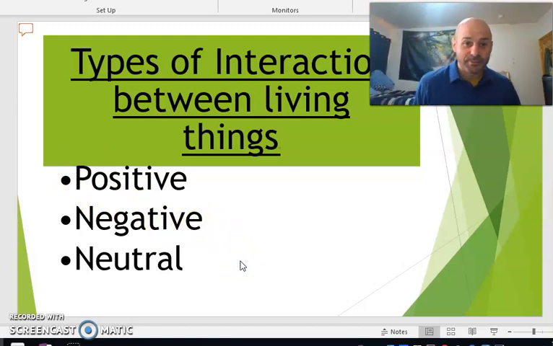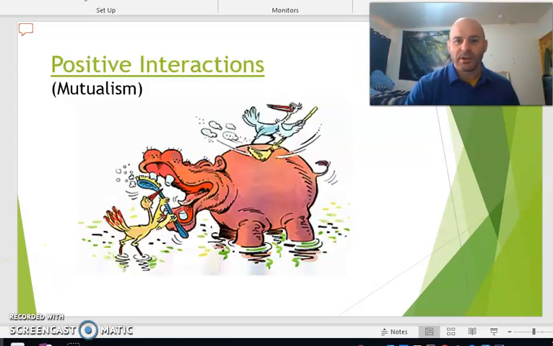Kiss your brain. So let's start out with positive interactions. Positive interactions between living things, between both plants and animals, can be positive when both living things benefit from the relationship. We also call this mutualism.